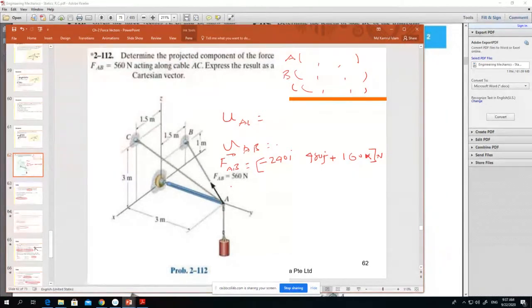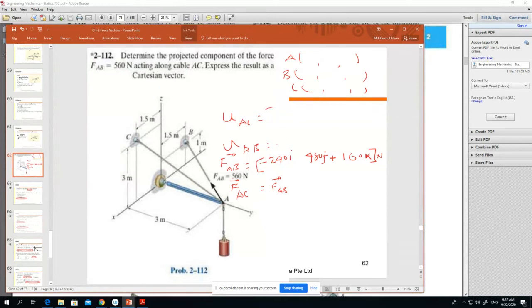And we calculated FAC also, vector AC. Now the component is equal to vector FAB dot the unit vector AC that we calculated.